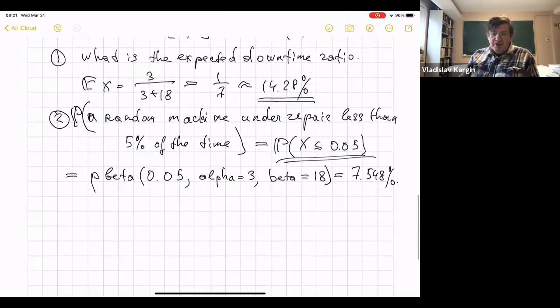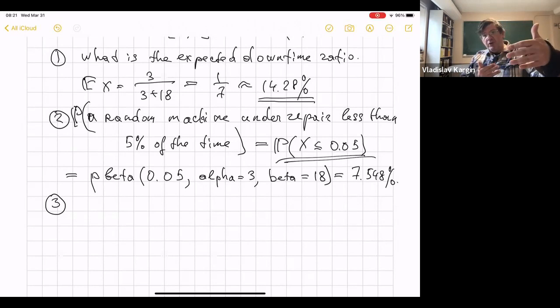Now, after the third question, we can ask a typical question. It's typical that you have a phenomenon which you model with one probability distribution, by one random variable, like the downtime ratio.